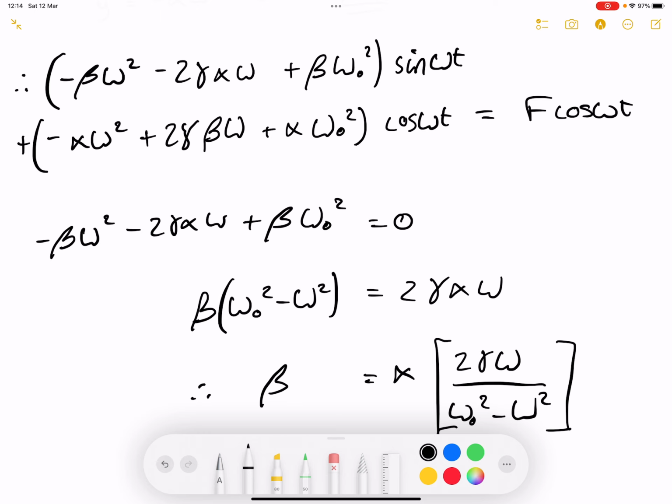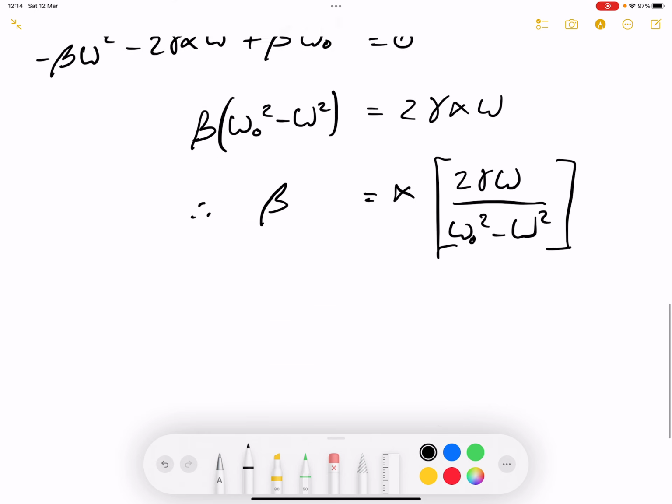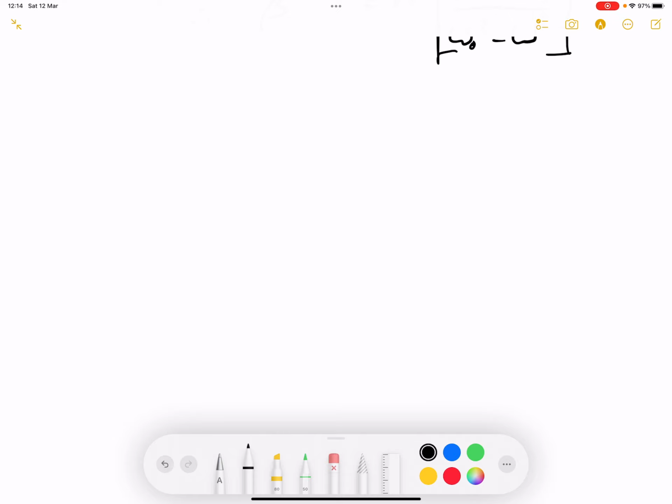So this cos part is all going to be equal to f. Okay, so I'm going to write that down here. So we have that minus alpha omega squared plus 2 gamma beta omega plus alpha omega naught squared is equal to f.